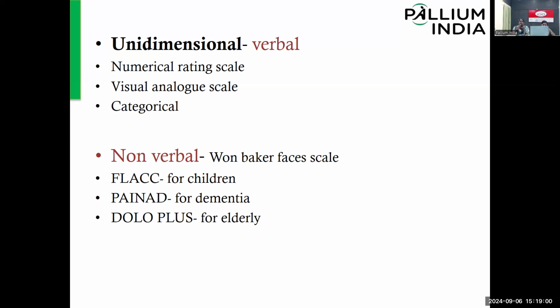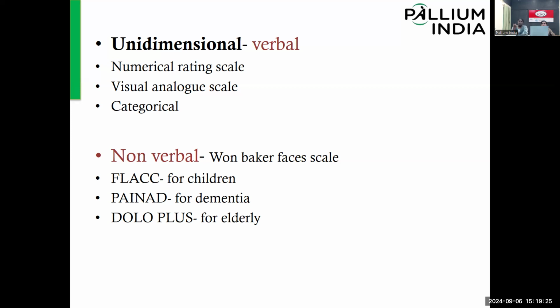So what is the score for your pain? Some patients say, doctor, I have 5 by 10, or 7 by 10, or 10 by 10. Some patients are not able to tell the numbers. Then we ask whether it is mild, moderate, or severe. Accordingly, we can start step 1, step 2, or step 3.